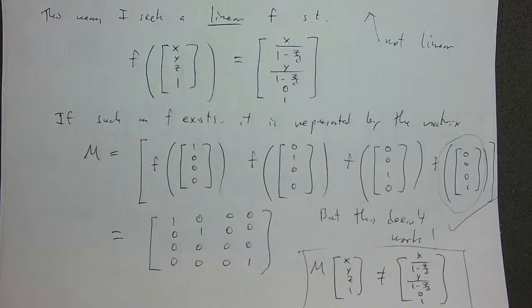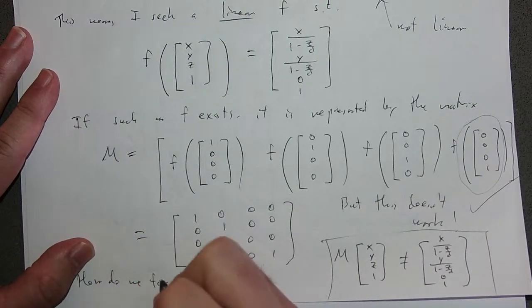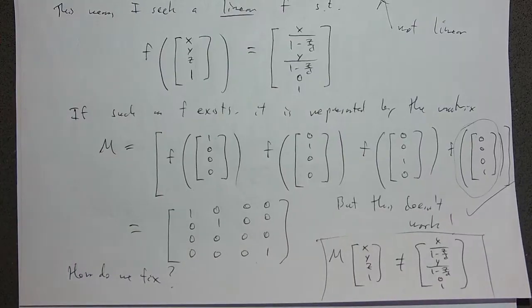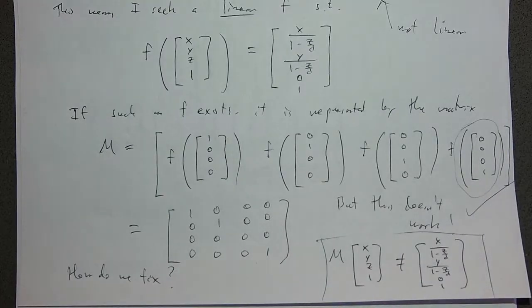So what do we do to fix this? Basically, the fix that we're going to do is related to our fourth component here. We were content to leave the fourth component being a 1 in all of these cases. It served the purpose that we needed it to serve. But now we are going to alter it slightly.